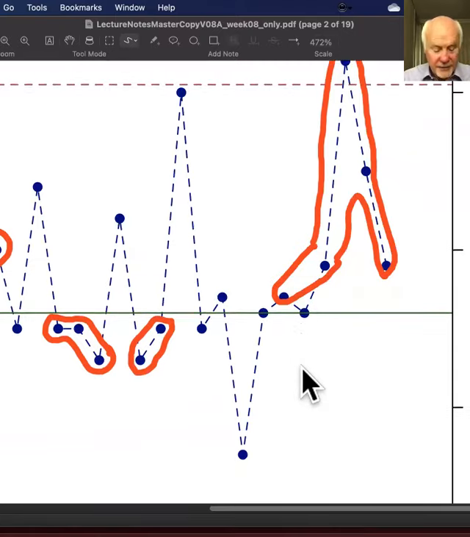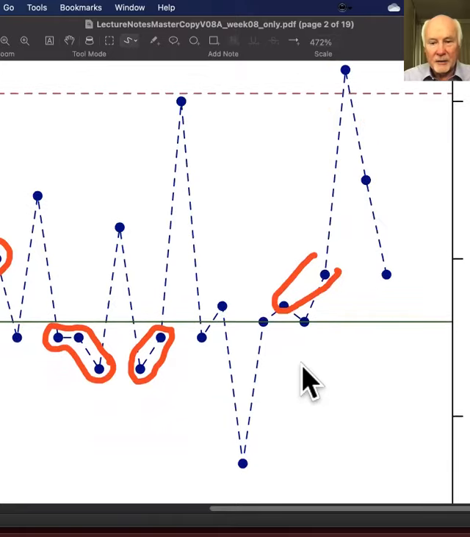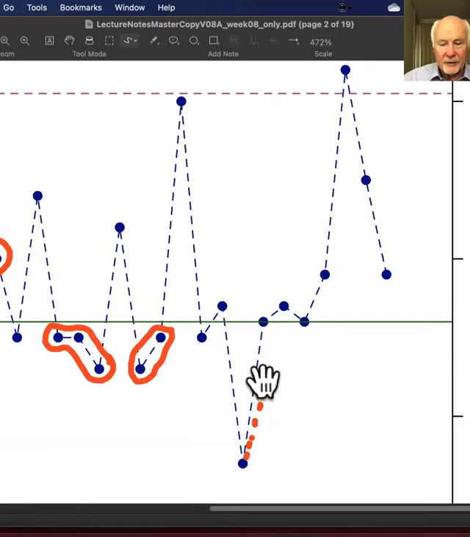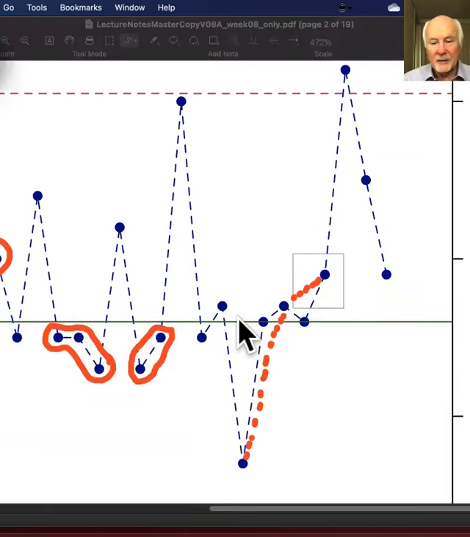If I could put it to you another way, I'll just get rid of that. It's as though we just pretend those two are not there, and it's as though the line here just went like that. And so what we'd say is 1, 2, 3, 4, 5, and that would be the length of our run.